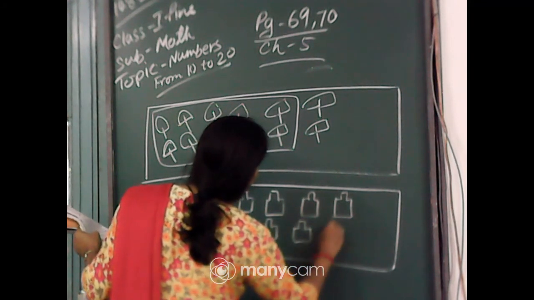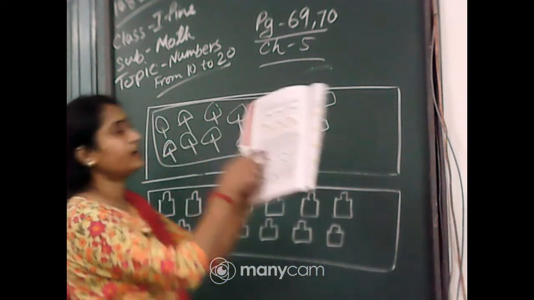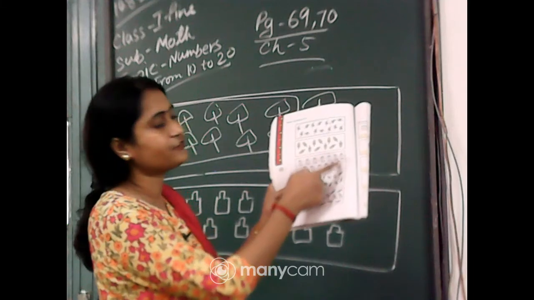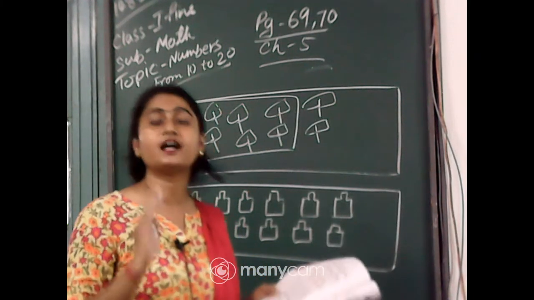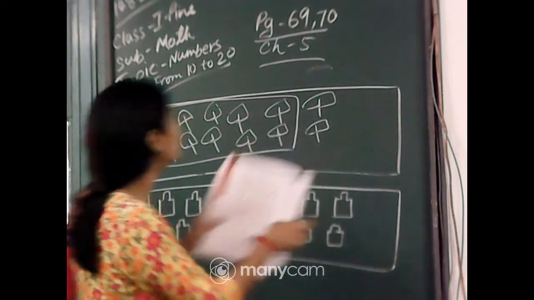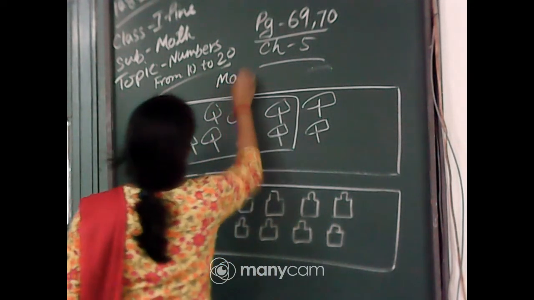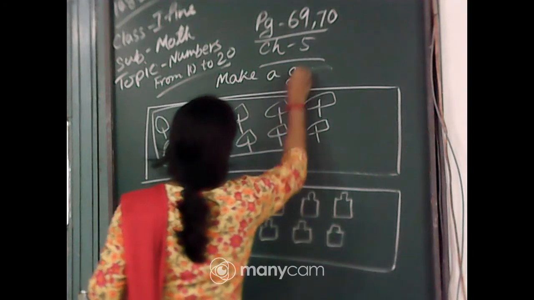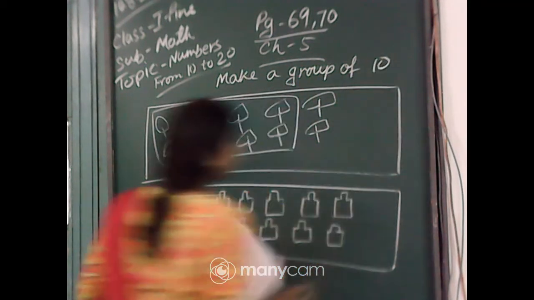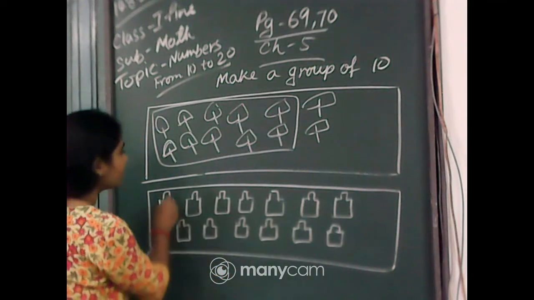How many jars in this picture? 13. Please count. 1, 2, 3, 4, 5, 6, 7, 8, 9, 10, 11, 12, 13 jars. You have to make a group of 10, because the heading says make a group of 10. So, here you have to make a group of 10 jars.